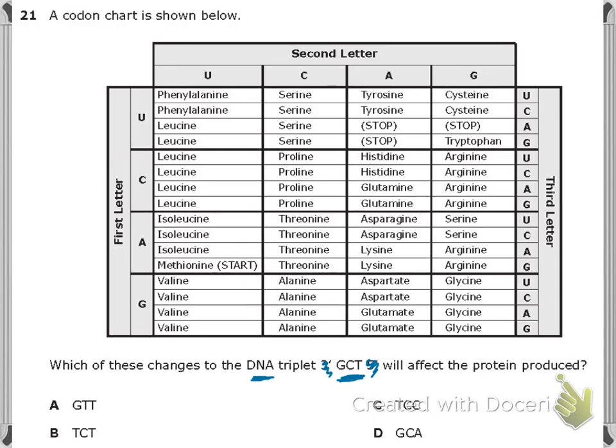goes through the process of transcription, it is going to change the way it's coded. So you have your C's, G's, A's, and T's, and they pair up in a certain way with each other.